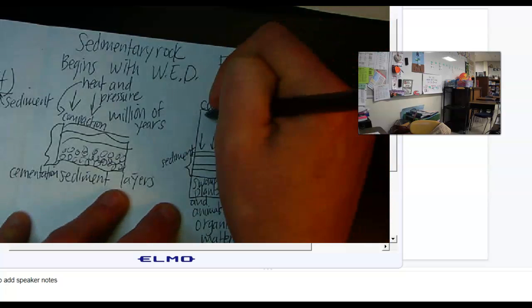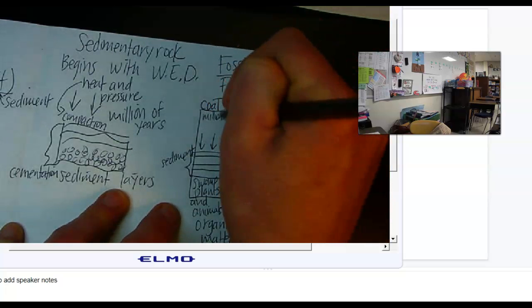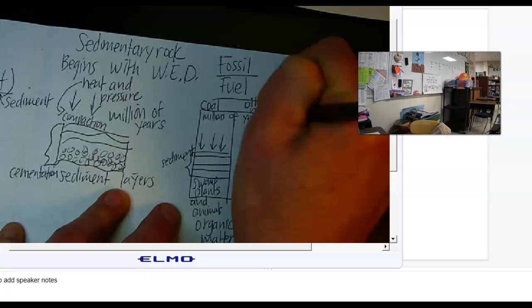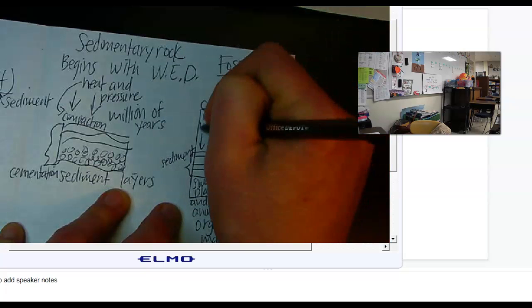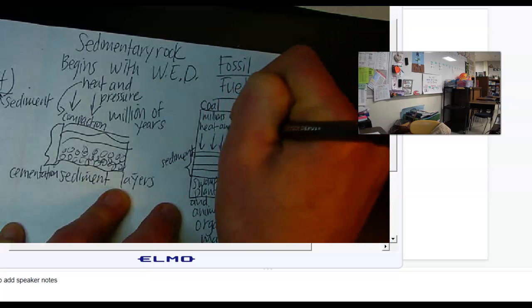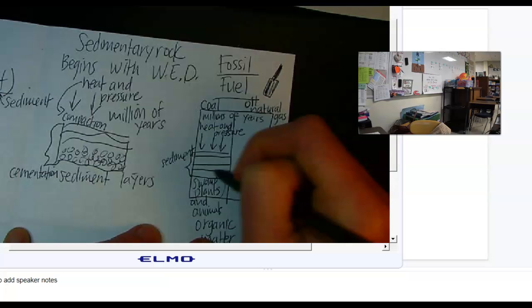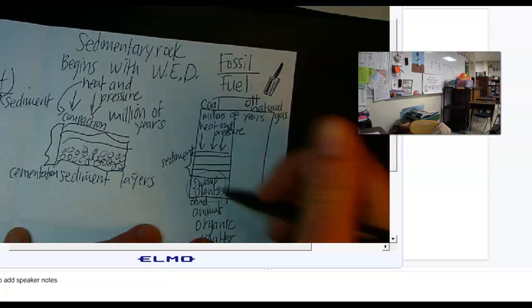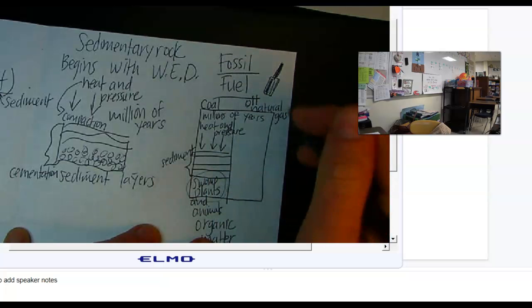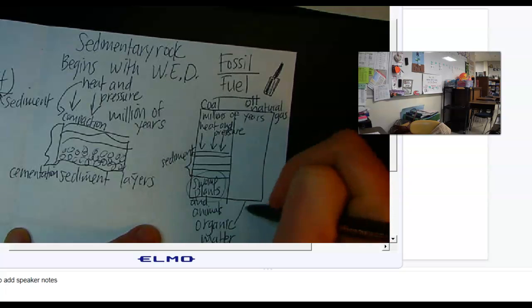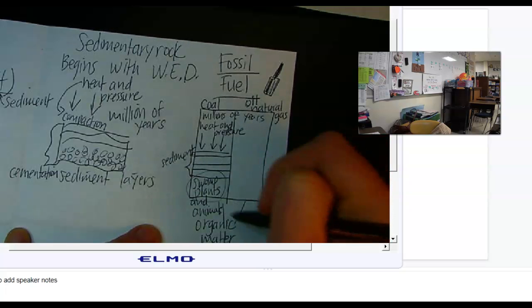Again, this is millions of years. Both of these take millions of years. But you need heat and pressure in order to form fossil fuels. The main important part is, for coal, you need that swampy plant. Again, this is organic matter. So organic matter here, organic matter here.